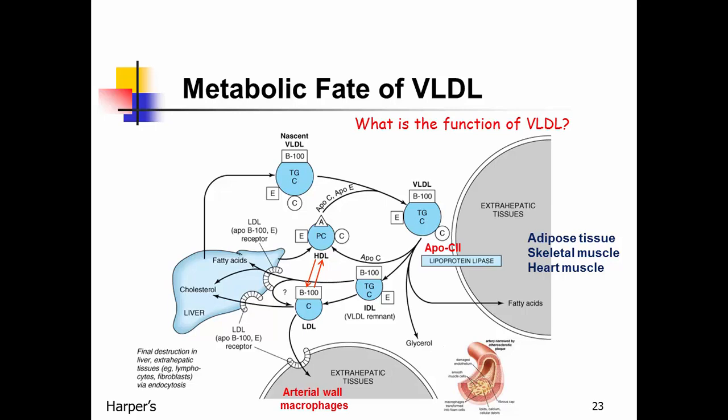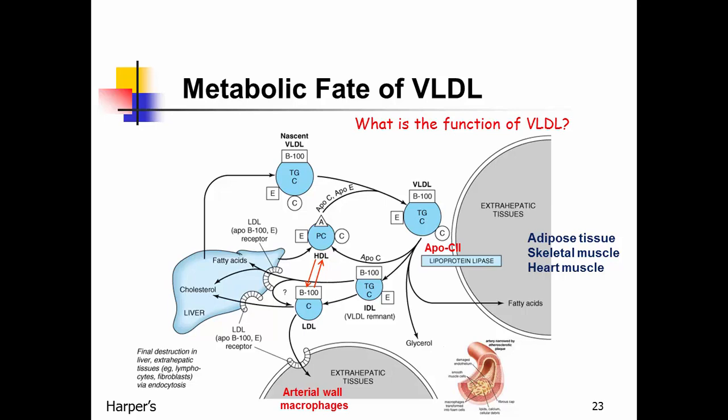IDL, or VLDL remnant, has a smaller size because lots of triglycerides have been taken up by the tissues, and it also gives ApoC and ApoE back to HDL.